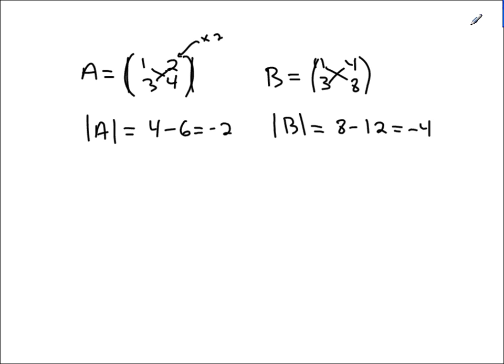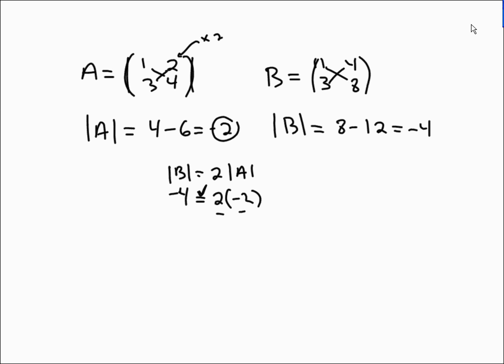And you notice that the determinant of B is twice that number. It's 2 times the determinant of A. Remember, the determinant of B is negative 4, and it does equal 2 times the determinant of A, which is negative 2. 2 times negative 2 is negative 4. So it really worked.